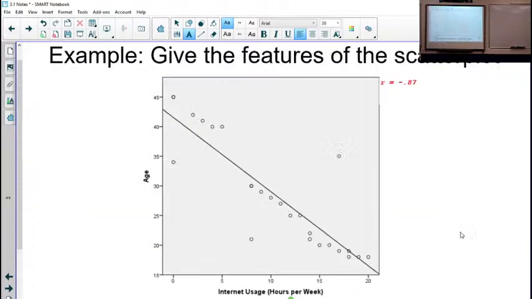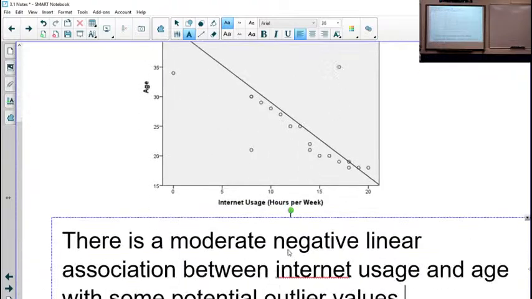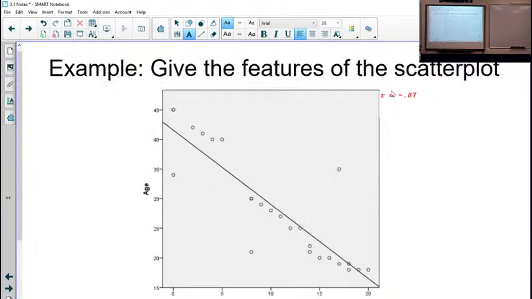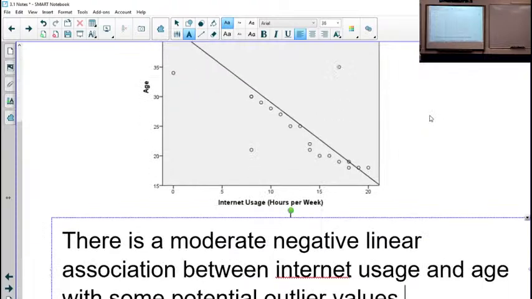So we may want to talk about what's going on with this data point and this data point. You'll notice that it has a little R here. We'll talk about that and what that means tomorrow. Some of you might already know what it means. But right now, we'll leave it and talk about it tomorrow.